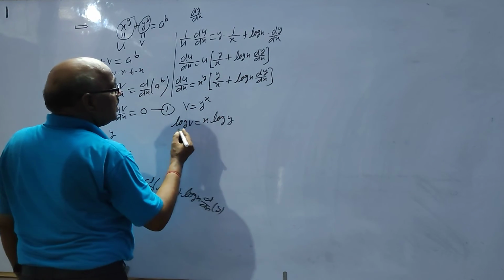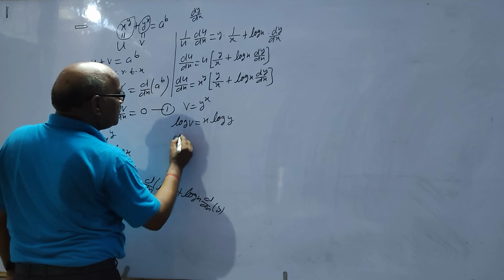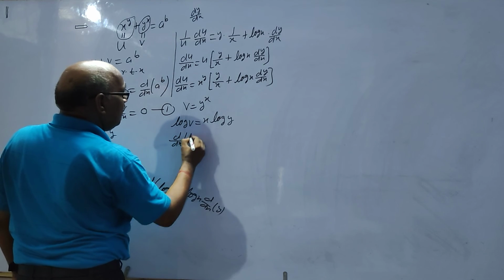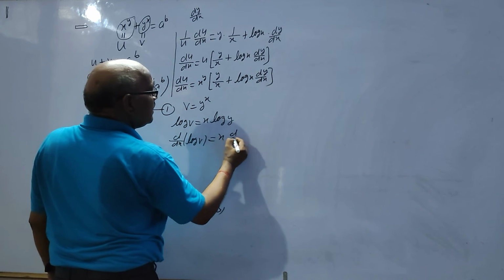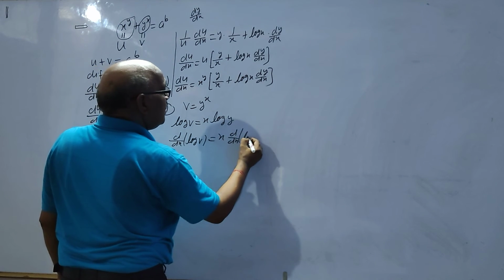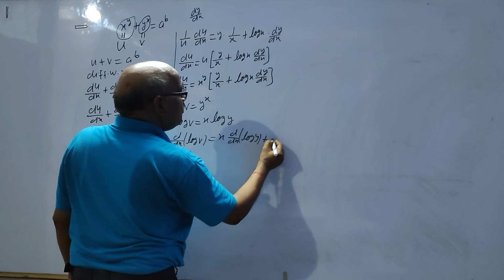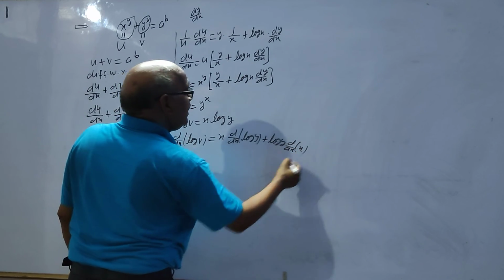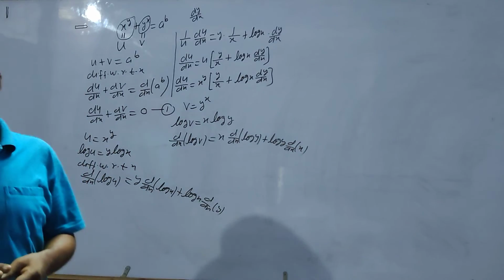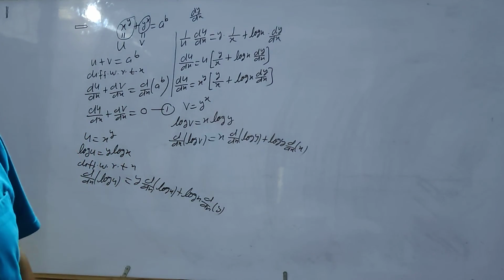Now differentiating with respect to x, d over dx of log v, it is a product of two functions, x into d over dx of log y plus log y into d over dx of x. इसको सिंप्लीफाई करते हैं, देखते हैं क्या आता है.